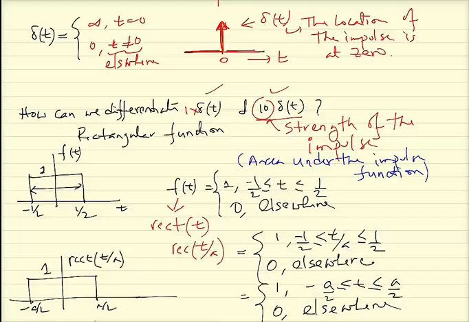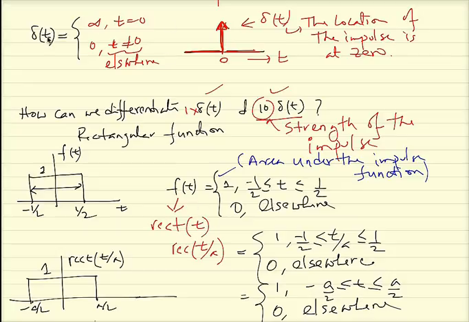Starting from t equal to minus half to t equal to half, the value of f of t is equal to 1, and elsewhere it is 0. So f of t is 1 when t is between minus half and plus half. Elsewhere it is 0.